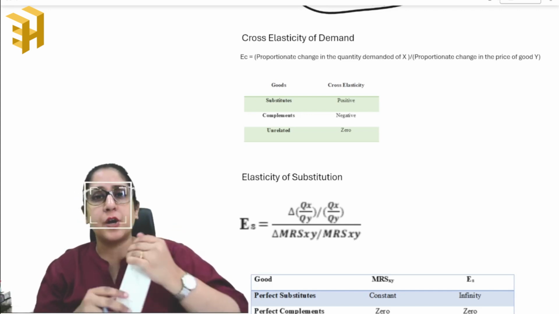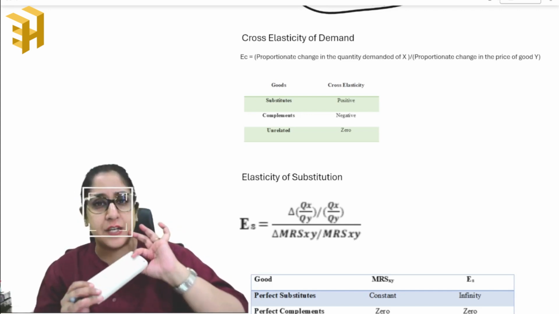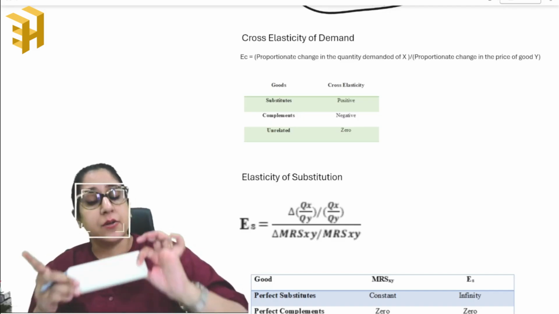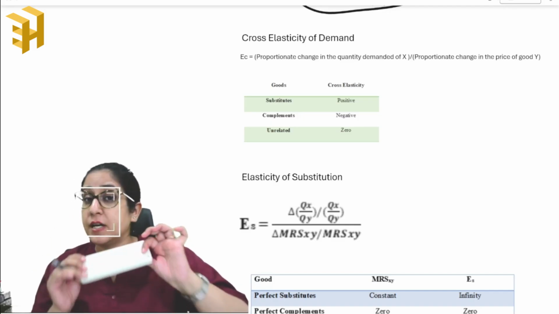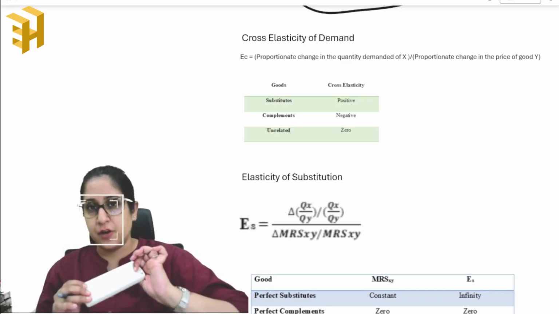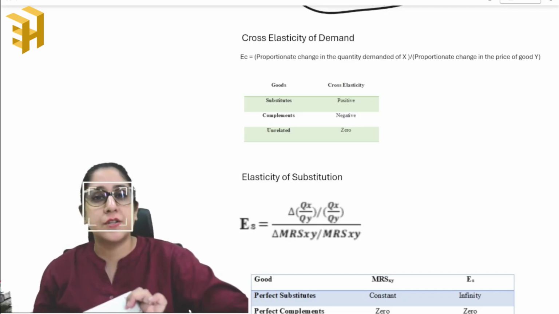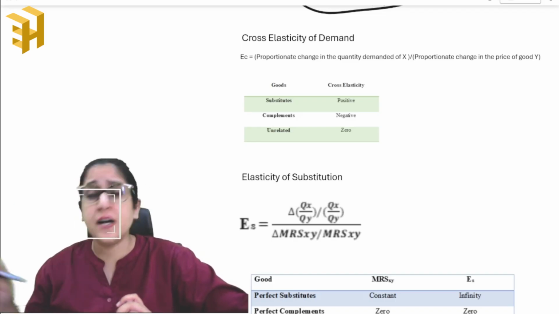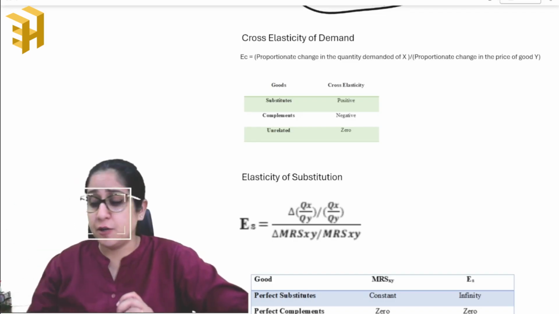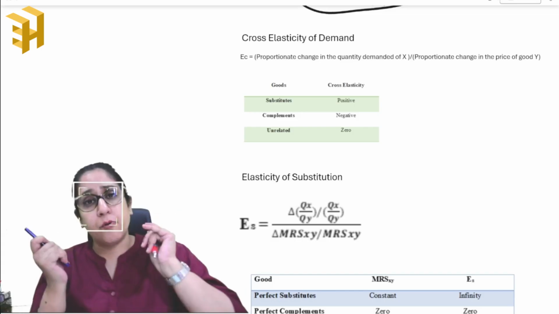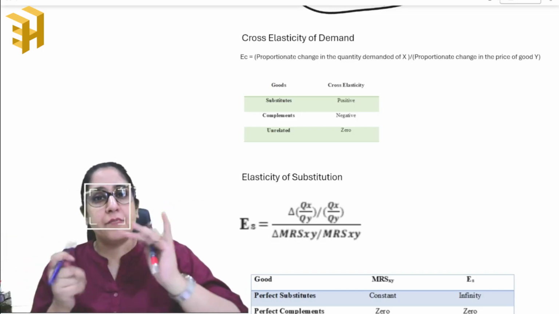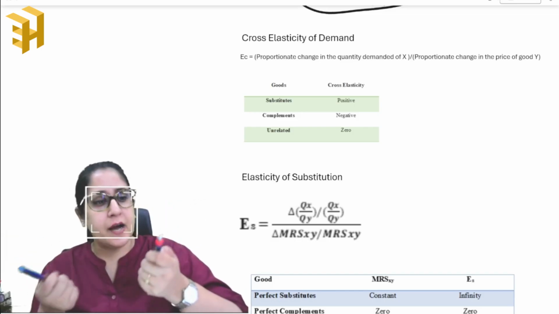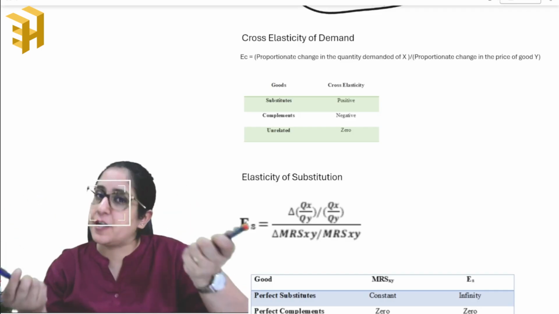I cannot operate this remote without a battery, so for me, the battery and this remote are two complementary goods. On the other hand, substitute goods, for example, a ballpoint pen and a pilot pen. For me, these are substitute goods. I can use one in place of another.